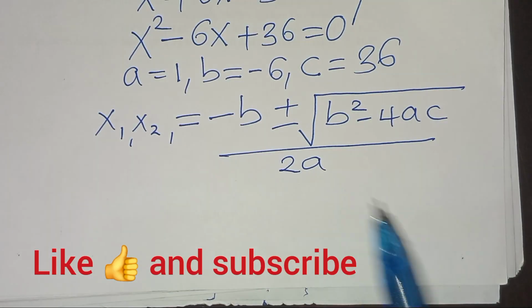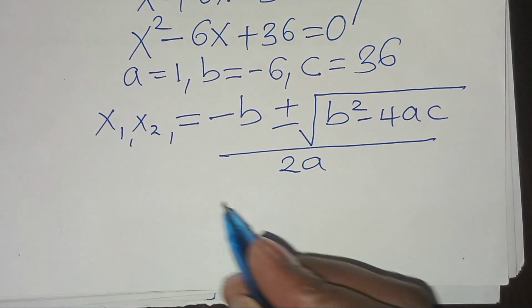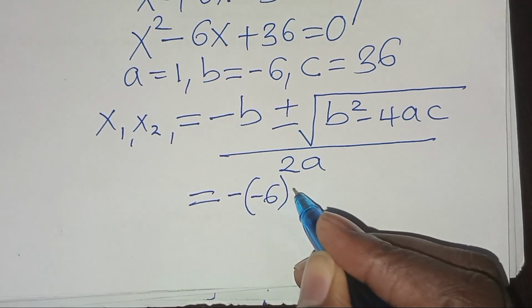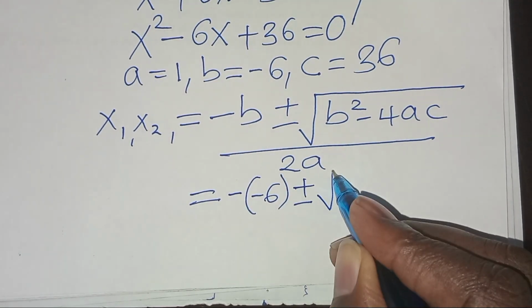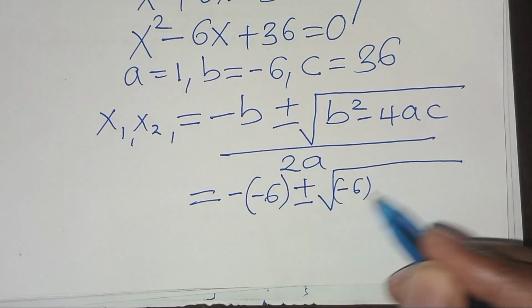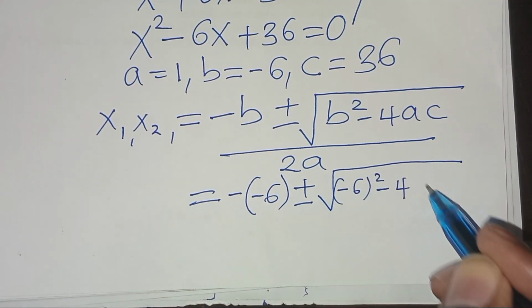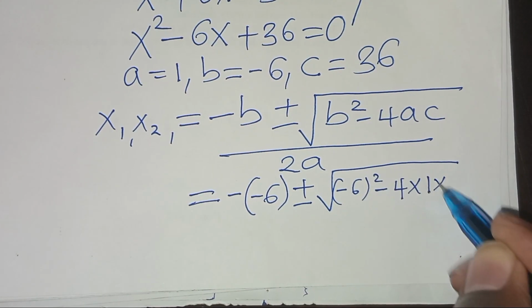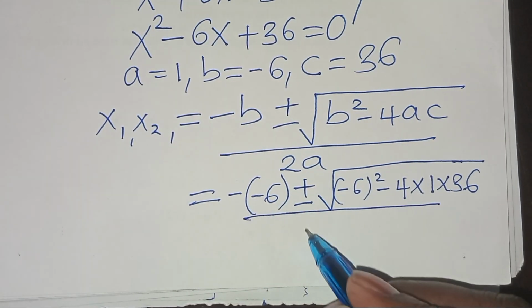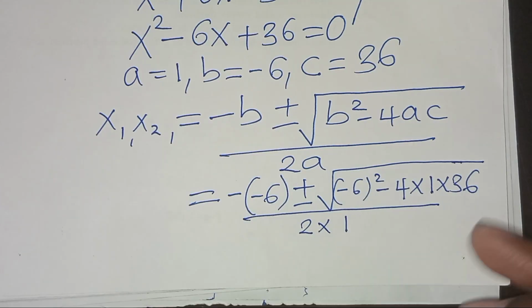Now substituting the values of a, b, and c, we'll have negative 6 plus or minus the square root of b squared, which is negative 6 squared, subtract 4 times 1 times c, which is 36, all this divided by 2 times 1.